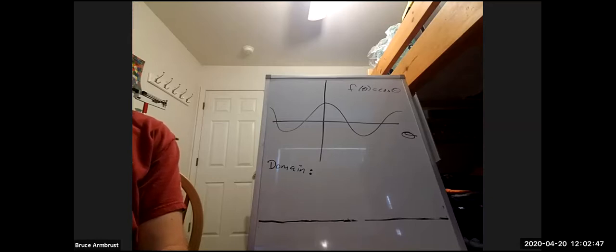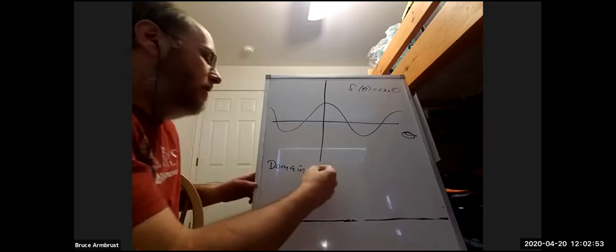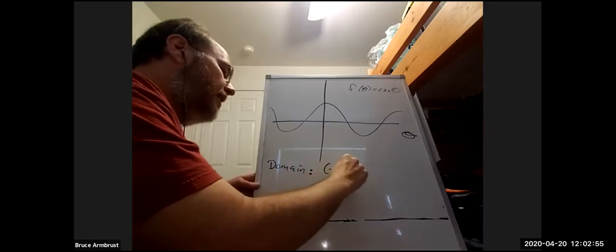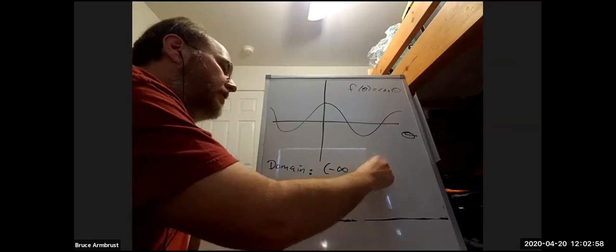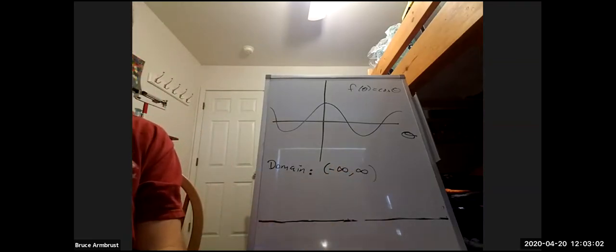And the answer to that is no. No matter what, we're always going to intersect the unit circle with the terminal side of the angle. And so the domain of cosine is actually everything. So we're going to write minus infinity to infinity. So you've seen lots of functions like this in your life where you can plug any number in. This is yet another example.